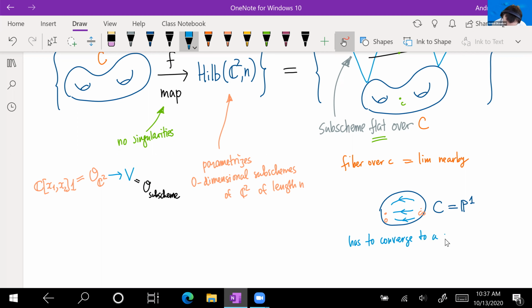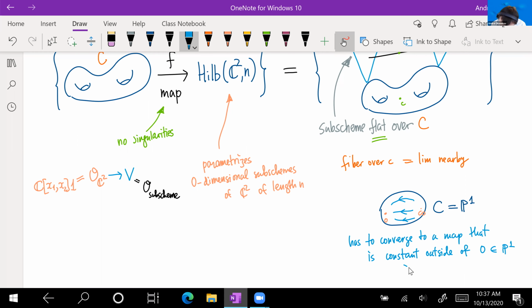So a map that is constant outside of 0 in P1, because the limit just takes the constant value, whatever it was taken at infinity.